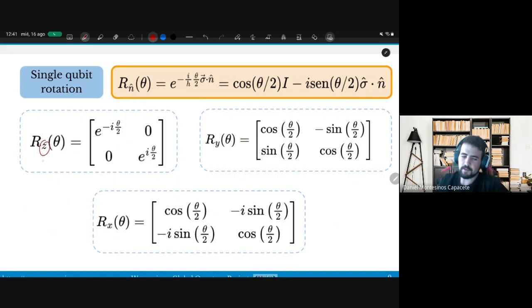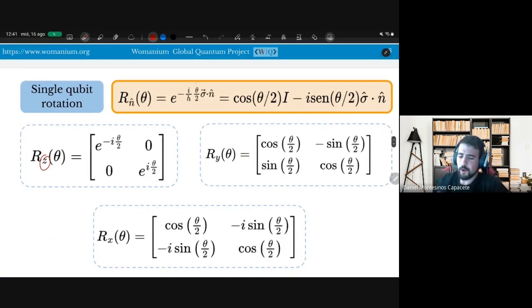For example, you have here the z direction, the y direction, and the x direction, corresponding to the axes in 3D space.